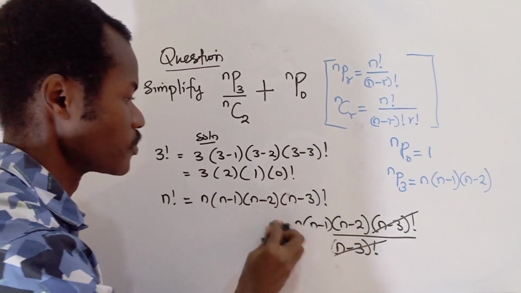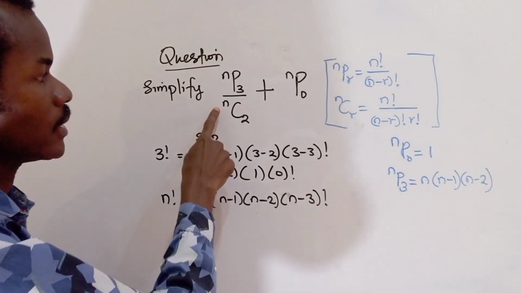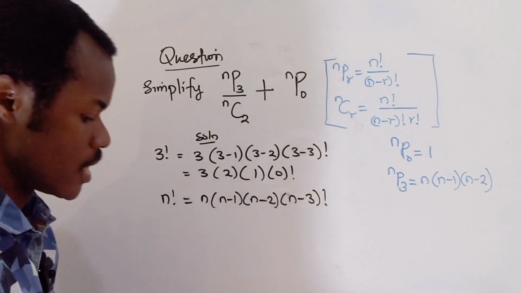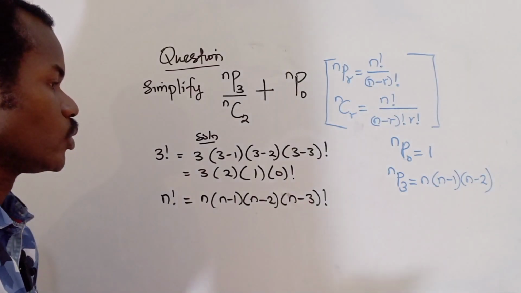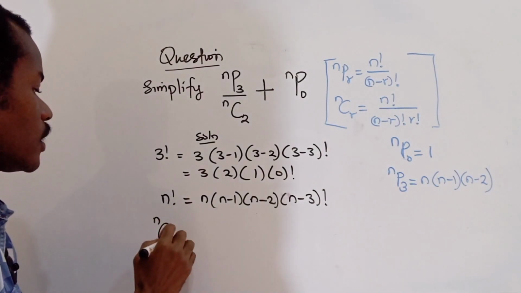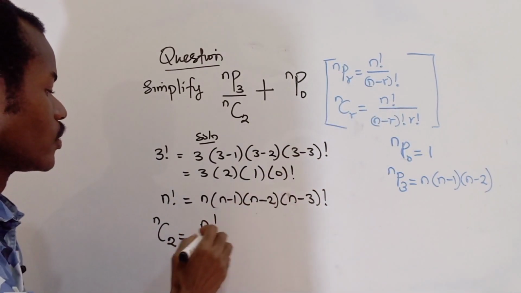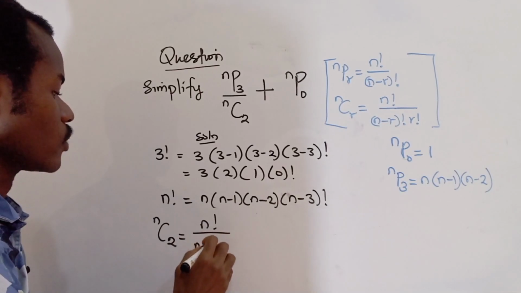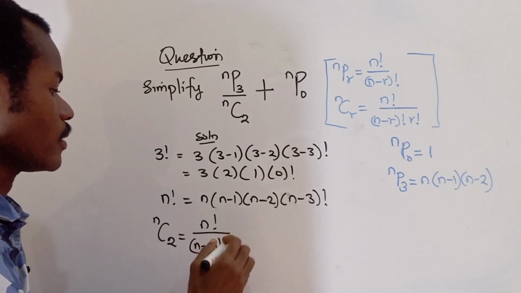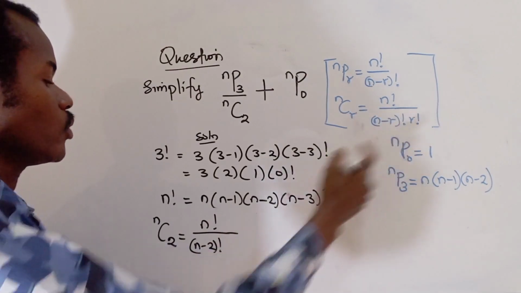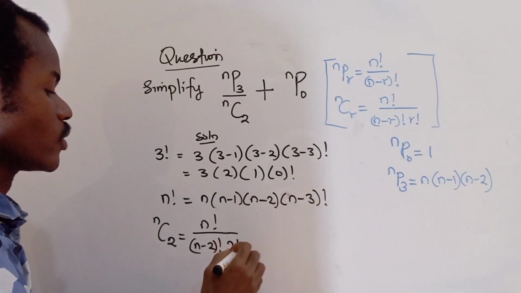Now that we've written that somewhere, let's also work on the combination. Our nC2 is going to be, using the formula, n factorial divided by n minus 2 factorial multiplied by 2 factorial.